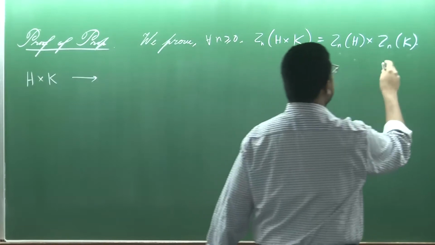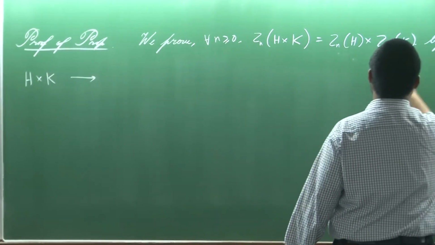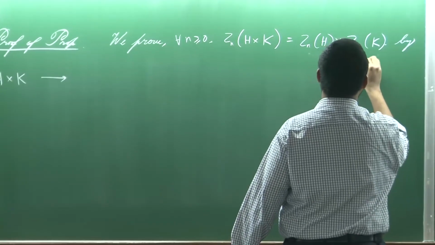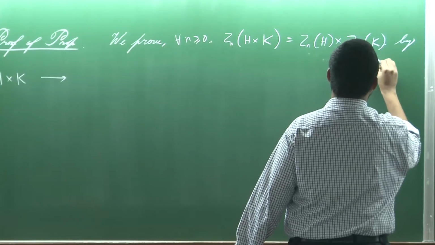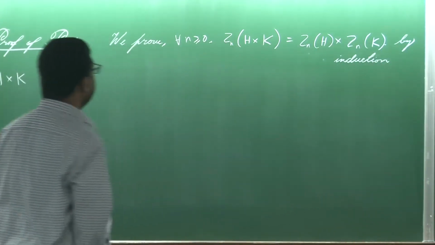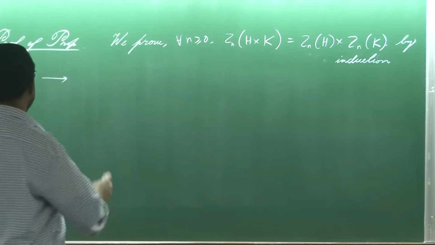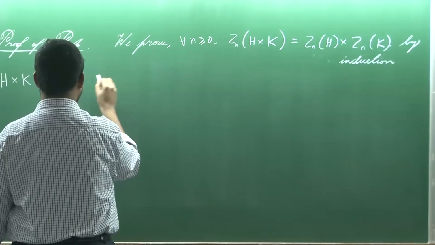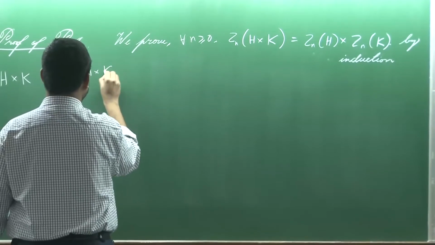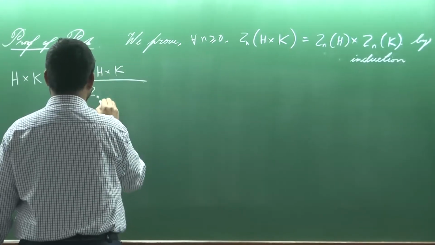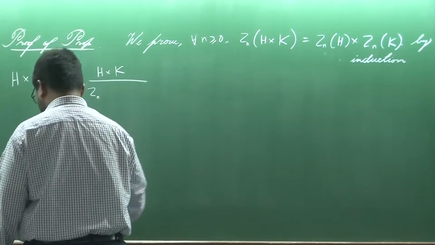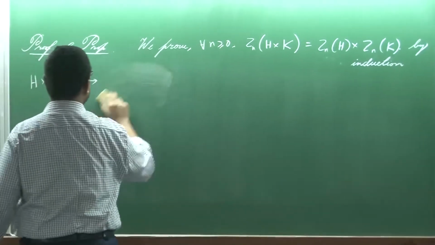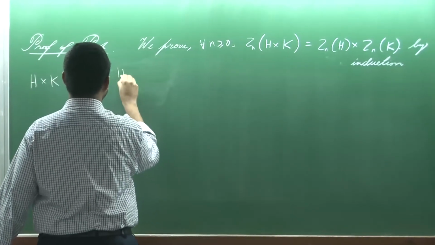We prove this by induction. So let's first observe that for whatever n we have, we can consider Zn. Okay, let me first do it in this way.